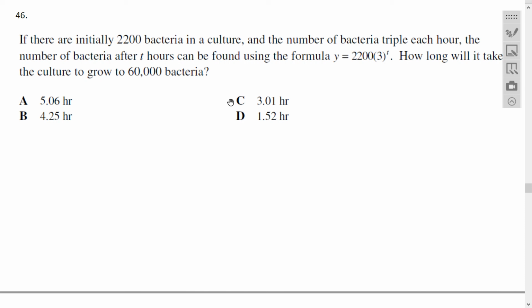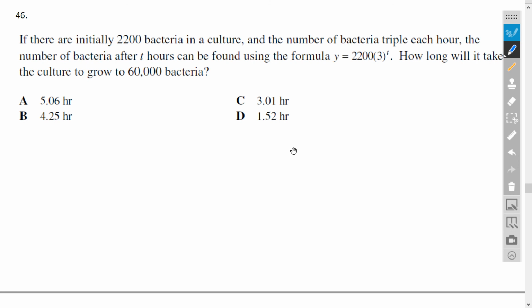46, if there are initially 2,200 bacteria in a culture and the number of bacteria triple each hour, the number of bacteria after t hours can be found using the formula. And how long will it take the culture to grow to 60,000? So we want this y, the number of bacteria, to be 60,000. So we have 60,000 equals 2,200 times 3 to the t. And we're solving this for t.